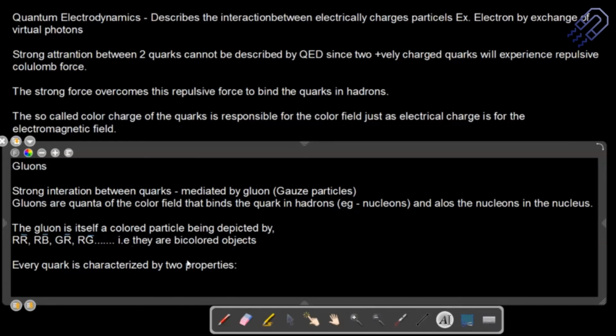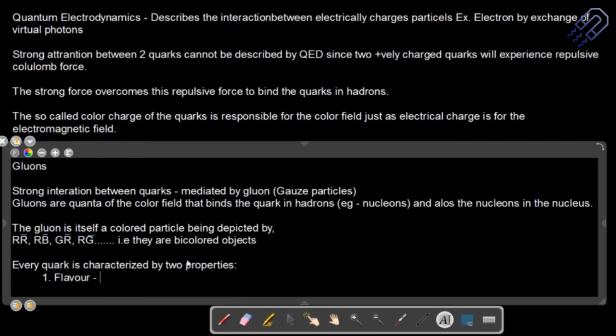This is something many of you could not answer in your quiz. What is flavor? When we have quark, quark is the entity under which we have 6 flavors. Quark is the title, the head, under which we have 6 flavors.